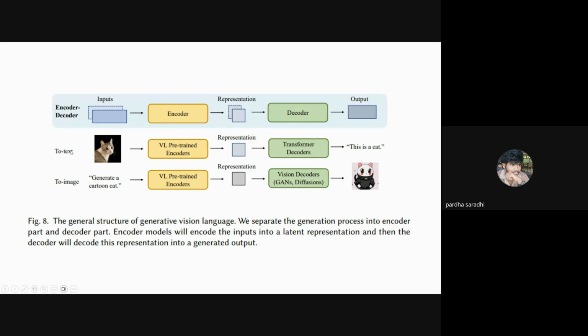But here, we will take the pre-trained encoders, and then the representation goes through, and then the transformer decoder takes place. So this is the actual context, where it's not totally a multimodal thing, but it's not spread over the spaces; only in one space it is working.